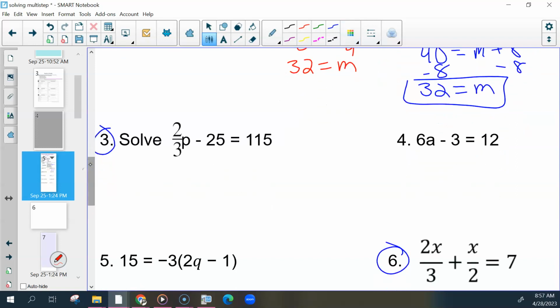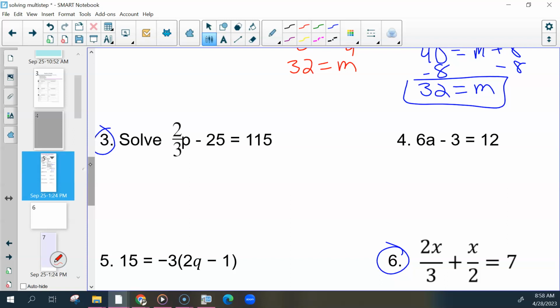For number 3, how would you start to get p by itself? There are multiple ways. Okay, so you could do either. If you're going to multiply by 2/3, I might hold off on doing that.